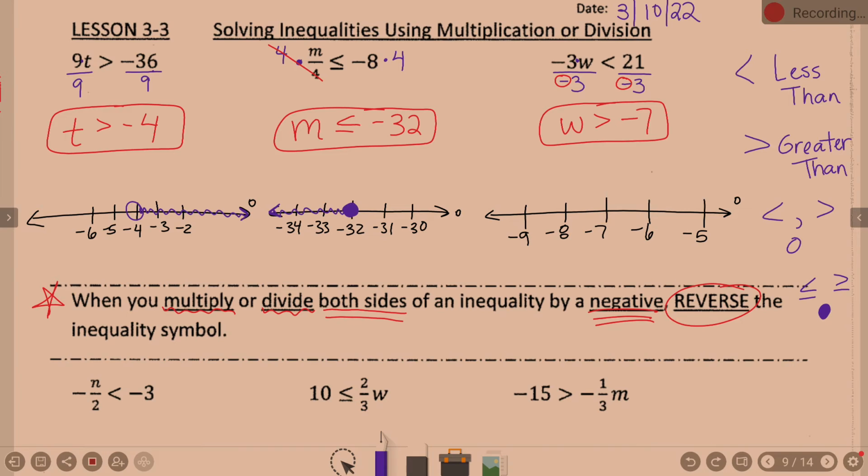Which way am I shading? Okay, you're looking at your answer, yes. And we still have our variable on the left, so that's good. So we're shading to the right. What am I doing at negative 7? Open circle, yes?